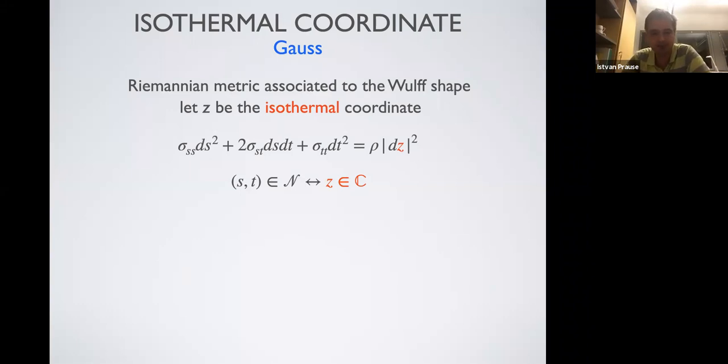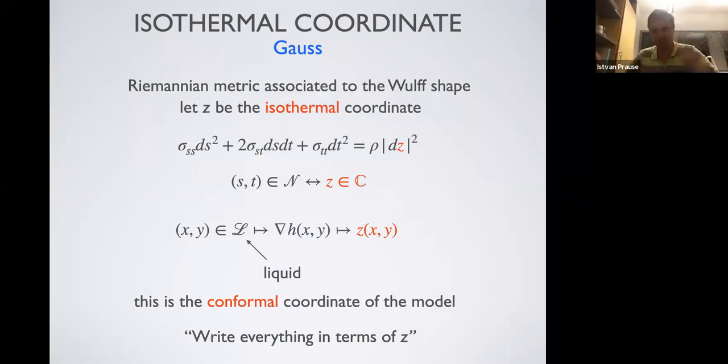It's a 2 by 2 positive definite matrix. It defines a Riemannian metric in this s, t. I use s, t coordinates for the slope variables, which lie in some gradient constraint region. And then we're going to encode this with a complex number z, which can often be uniformized to the upper half plane, or maybe to the unit disc, depending on convenience. And we introduce this as the isothermal coordinate associated to this Riemannian metric.